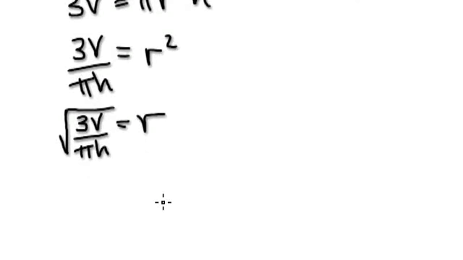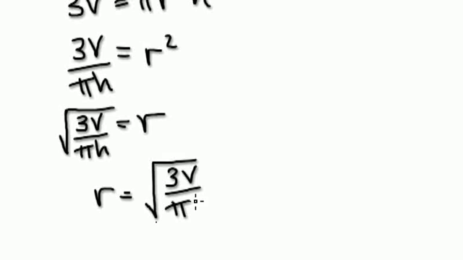Now I'm just going to switch the two sides around: r equals the square root of 3v over pi h. Now we've got a formula so that we can see what happens as we change v, and what effect that will have on the radius. So our job is to isolate this v.